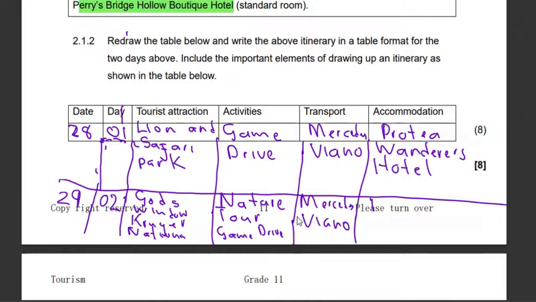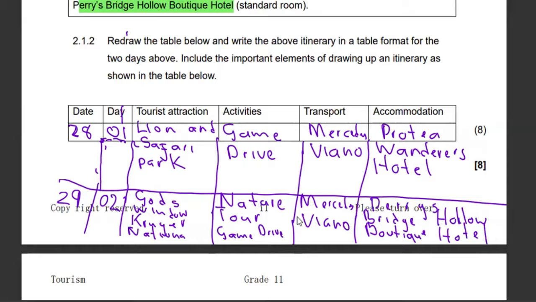Then they will sleep at Paris Bridge Wolo Boutique Hotel. So that is the itinerary.